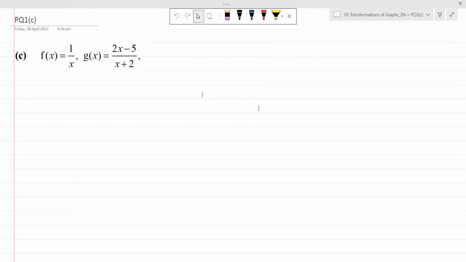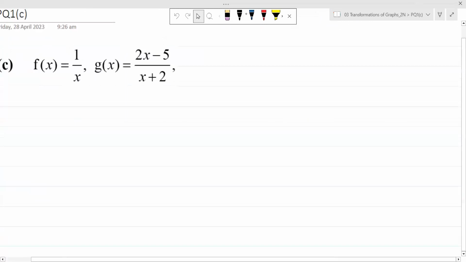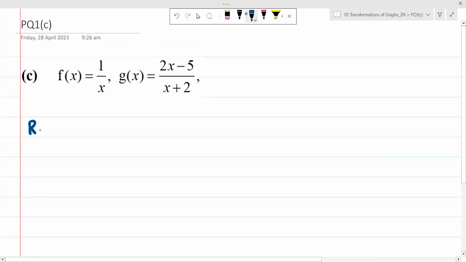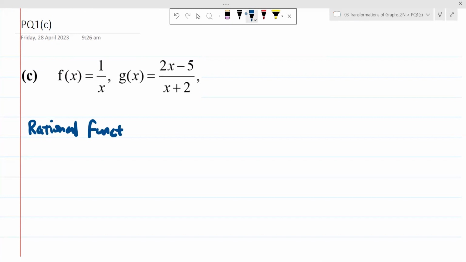So we've dealt with logarithms, we dealt with quadratics. Now we deal with rational functions. Lesson number 3. Rational functions do what? Long division. So you do long division.